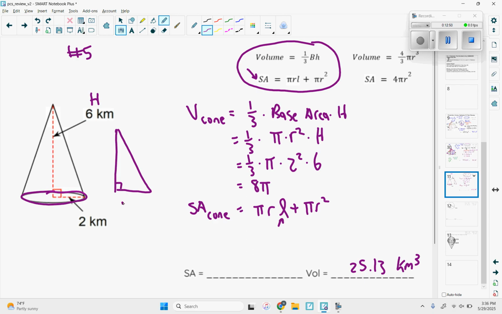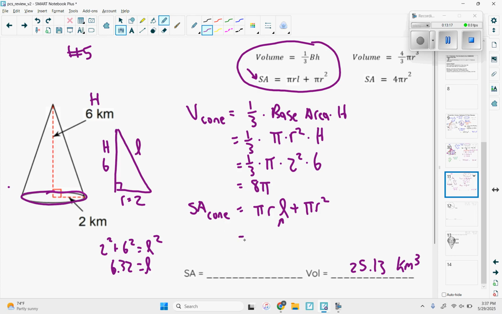In this case, the radius is one of the legs, that's 2. We have the true height, which is 6. Trying to find slant height. So we're going to do 2 squared plus 6 squared equals the slant height squared. And when we solve for our slant height on this problem, we get approximately 6.32.